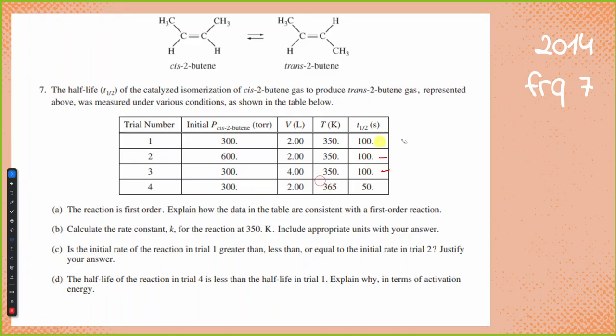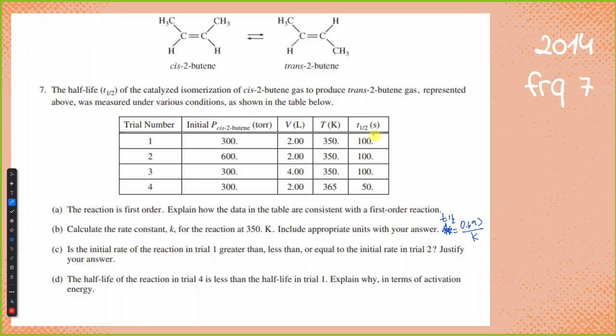Okay, I'm gonna erase these. All right. Calculate the rate constant for the reaction, include the appropriate units. So all you got to do is do the K equals 0.693 over T half-life. That's T half-life, and then K's on the bottom.